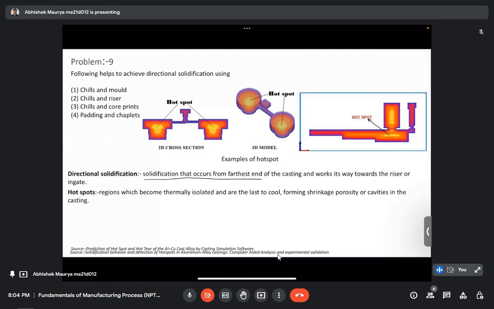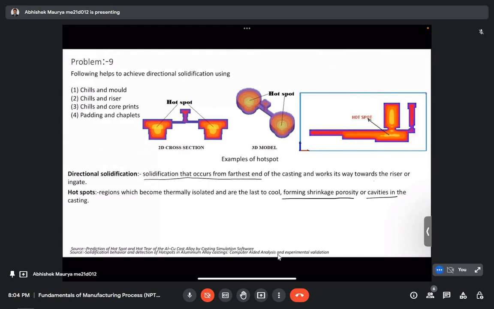Those regions are called hot spots. And if you don't take care of the hot spot, then there is a possibility of forming shrinkage, porosity or a cavity. That's why the hot spot is very important.